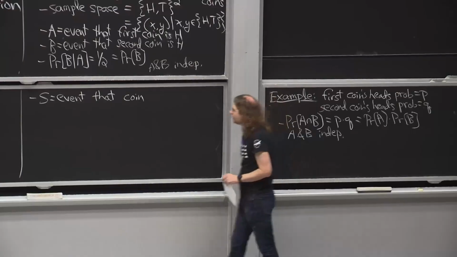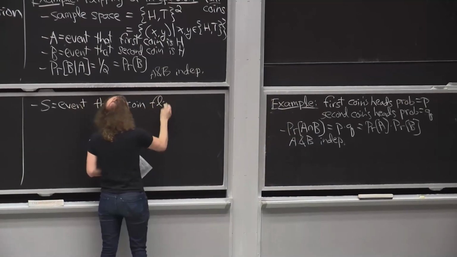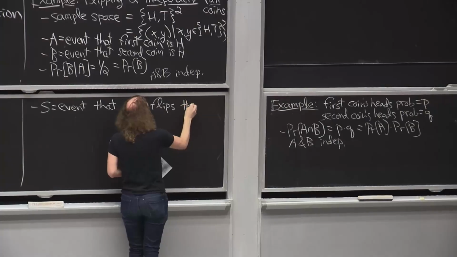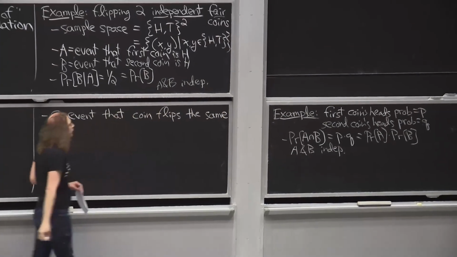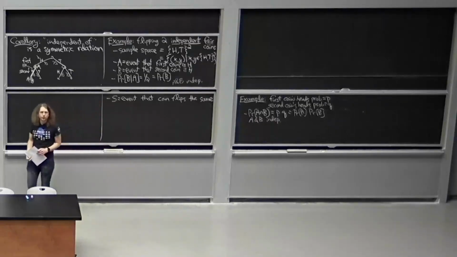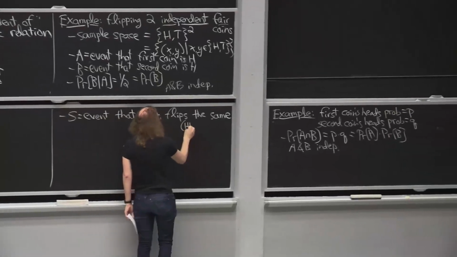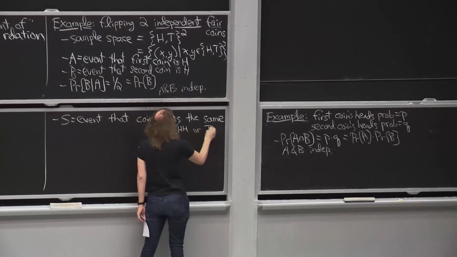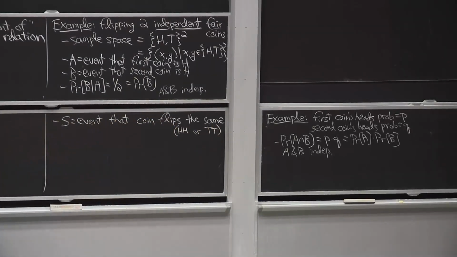OK, but now I'm going to write an event that's not so obvious. The S event is going to be that the coin flips come out the same, either both heads or both tails. OK, this clearly involves both coin flips.